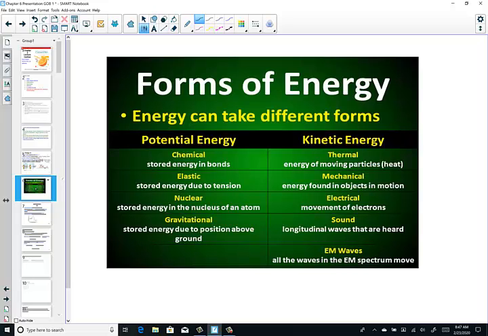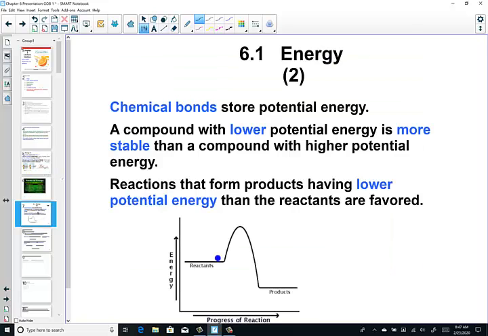So if we're studying energy, specifically in chemistry, it will be stored in bonds or released or absorbed as heat. So our focus, of course, is chemical bonds. Chemical bonds store potential energy. And a compound with lower potential energy is more stable than a compound with higher potential energy. That is just really a natural law.